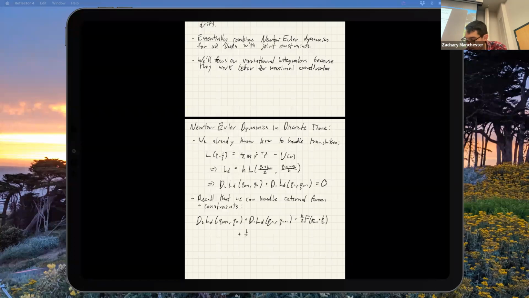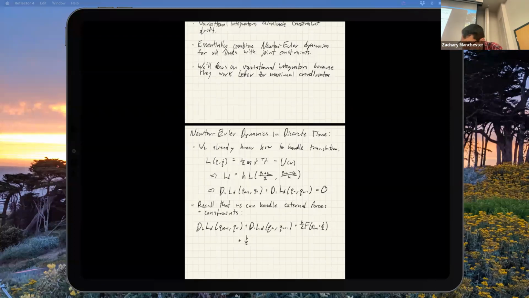Remember, this is 3 time steps: we have q_{k-1}, q_k, q_{k+1}. These get evaluated at the midpoint of each of those. So this guy is at this midpoint, and the next one we get at the next midpoint.